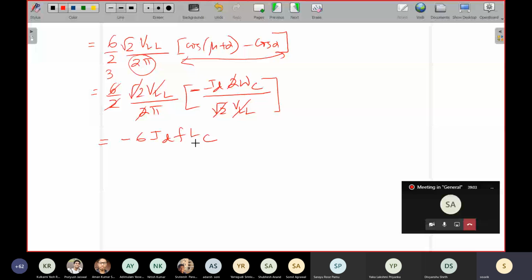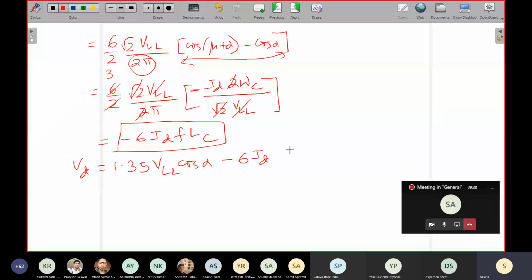So therefore VD should have been 1.35 VLL cos alpha, instead of which it is getting this minus 6 id f into LC. It doesn't depend upon the system voltage. Look at this. This doesn't depend upon the system voltage. It only depends upon the current ID and the frequency.